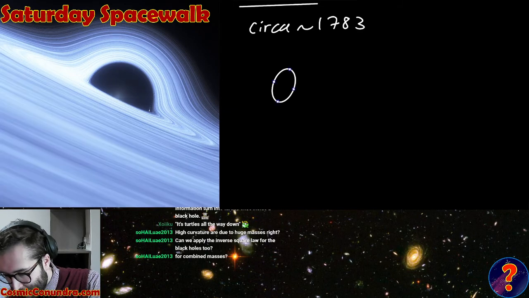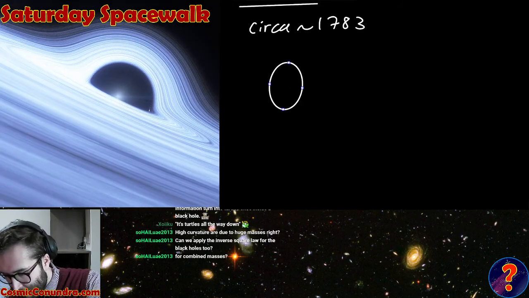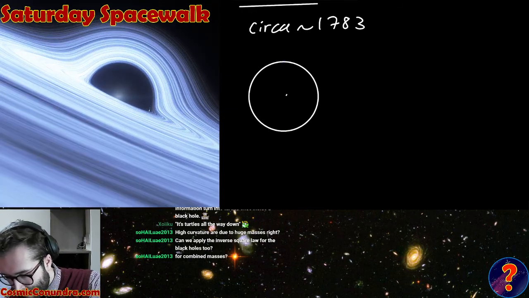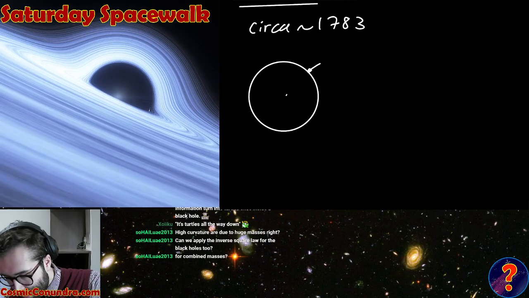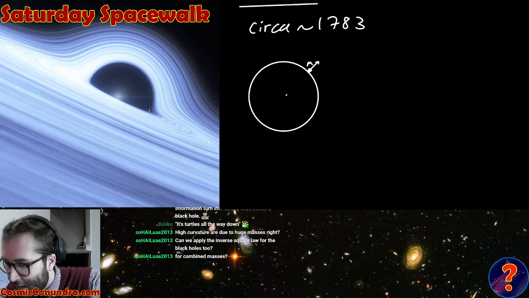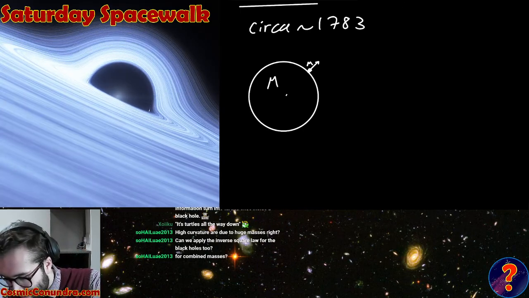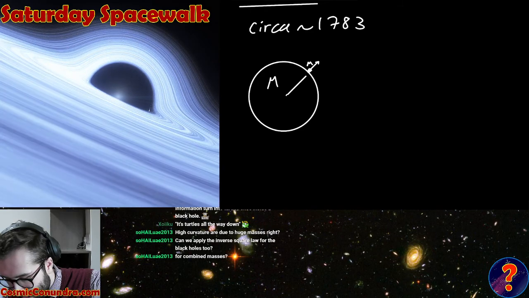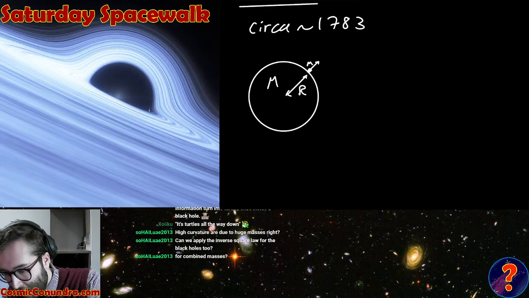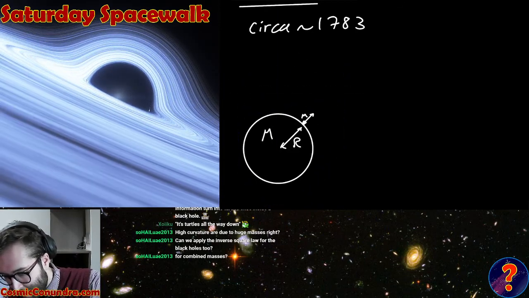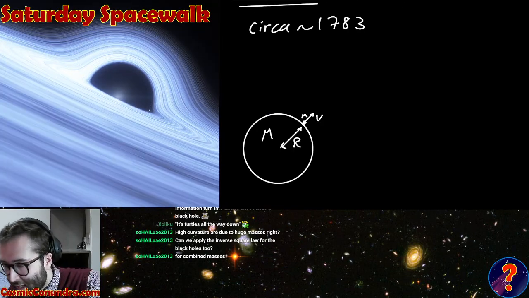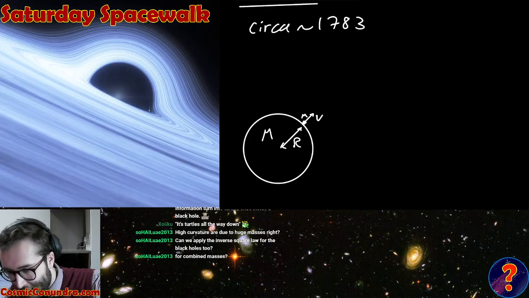So let's think about this. Ooh, why can't I draw circles? That's an oval. So let's say we want to launch some small mass m off of the surface of some much larger mass, big M. I'm going to give this large mass a radius, big R. And we want to know how fast to launch this smaller mass, v, such that it will fully escape the influence of the larger mass's gravity.